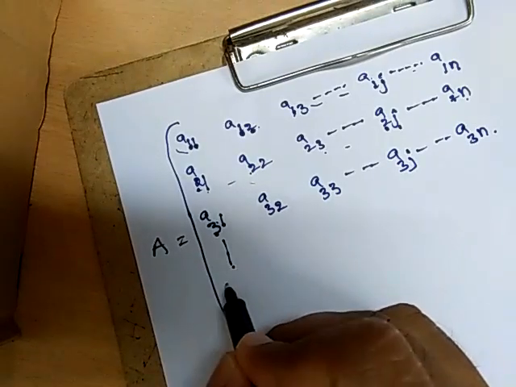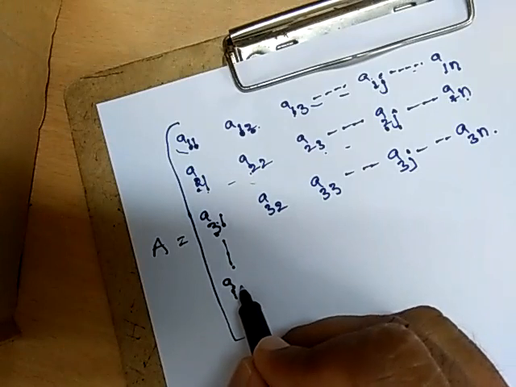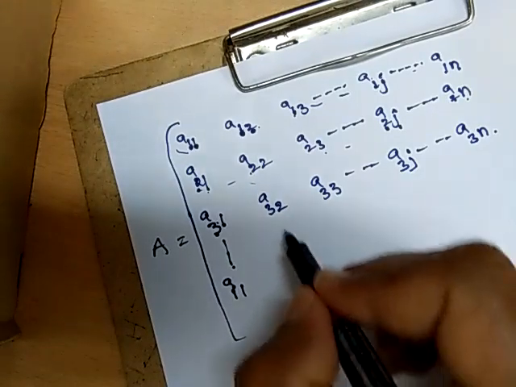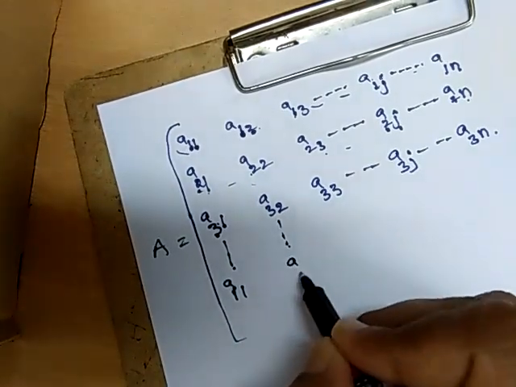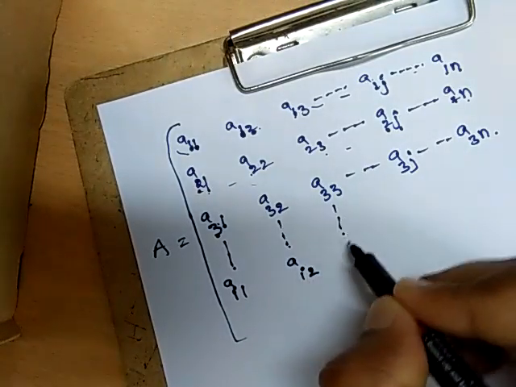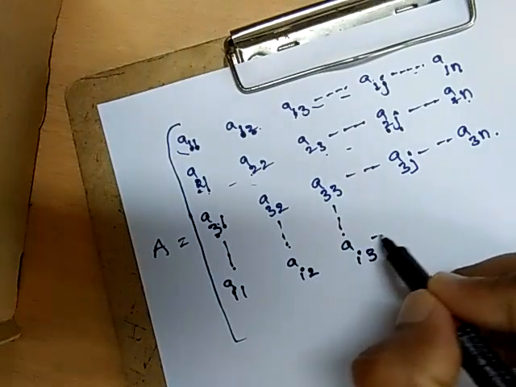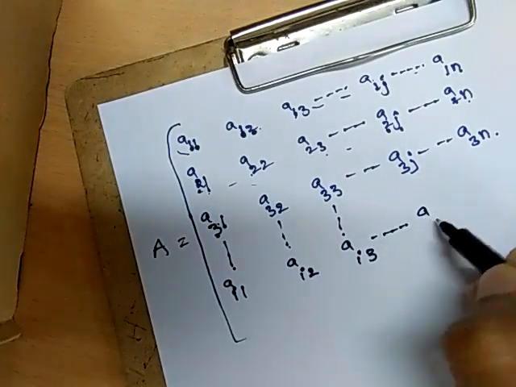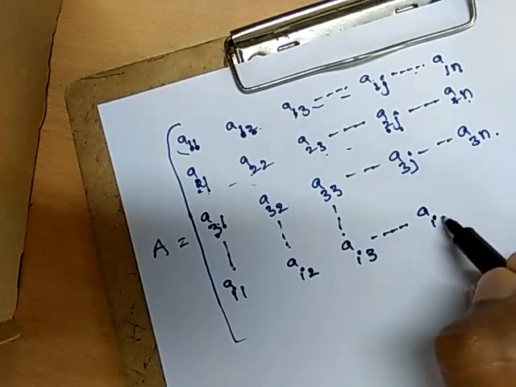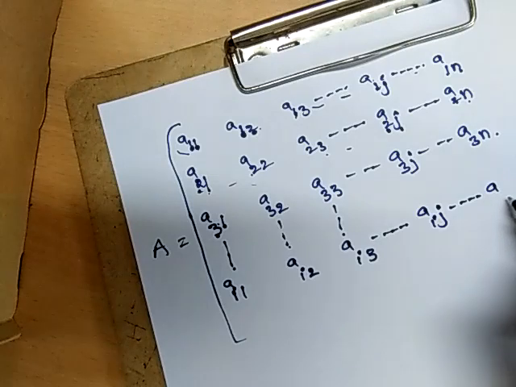And so on, ai1, ai2, ai3, and so on, aij, and so on, ain.